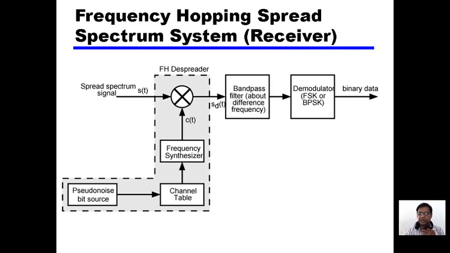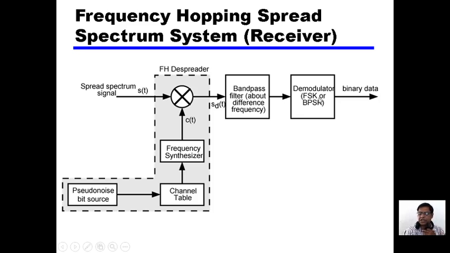Now we will see the receiver's end. Here the spread spectrum signal goes through frequency hopping, the same as the transmitter. The band pass filter streamlines the signals, and then there is a demodulator.